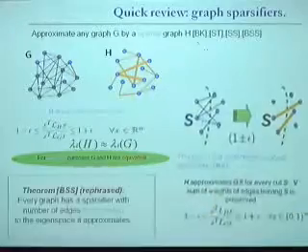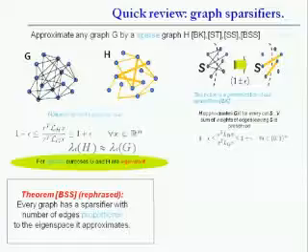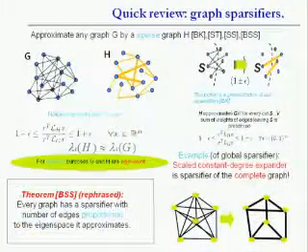And in fact, the last paper, Batson, Srivastava, and Spielman, proved that every graph has a sparsifier with a linear number of edges. If you look deeper at what that says, whatever eigenspace I want to approximate, I can find order of that dimension number of edges to approximate it.